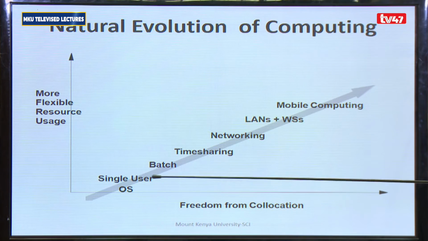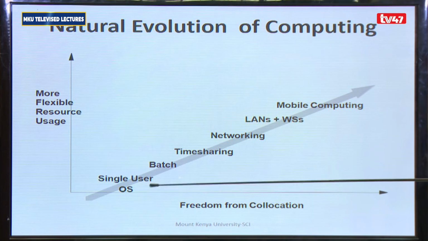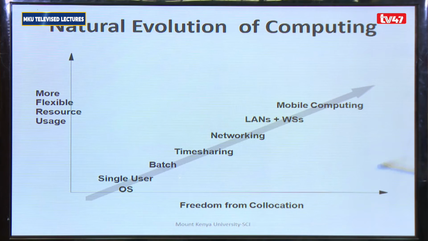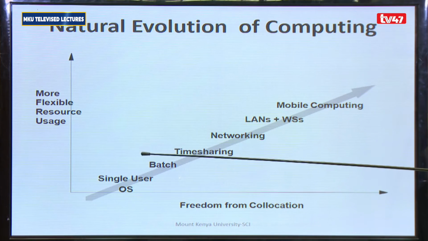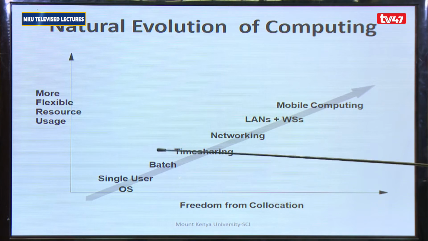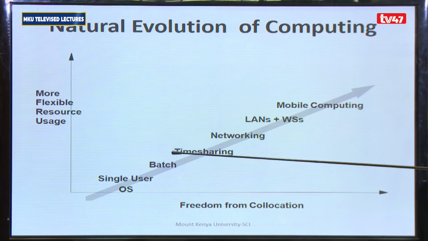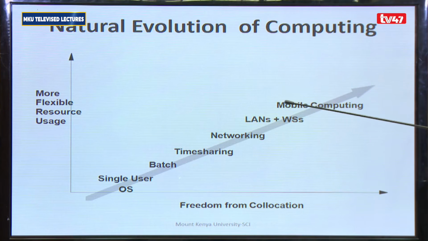It starts back with the invention of the single-user operating system, with the first generation computing systems. Then it came to batch processing. It moved on to time sharing, networking, large area networks, and wireless networks. And currently we have mobile computing.